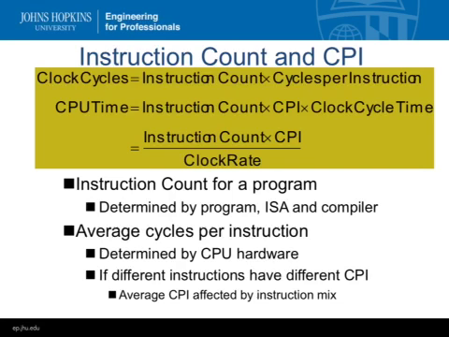Another measurement we do is CPI, or clock cycles per instruction. Clock cycles per instruction is, just like we said, the number of cycles divided by the number of instructions.